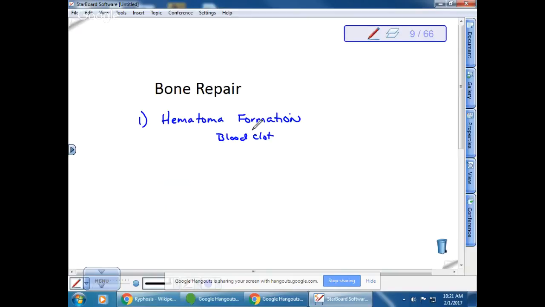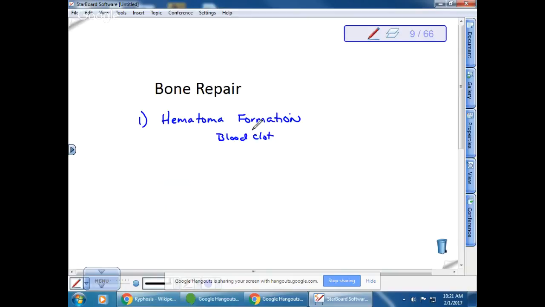So the blood clots, and there are lots of white blood cells that leave the circulatory system and go out into the tissues and try to clean up any debris or maybe even any microorganisms that have gotten into the wound if it's a compound wound.